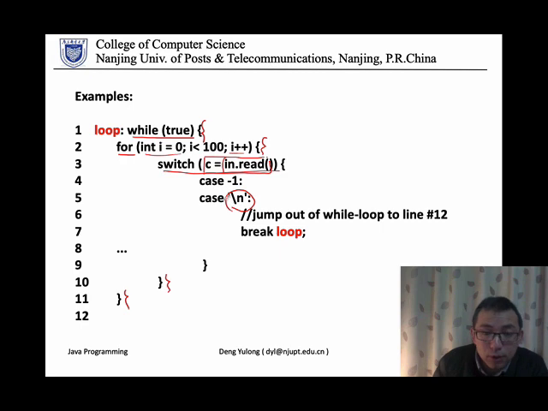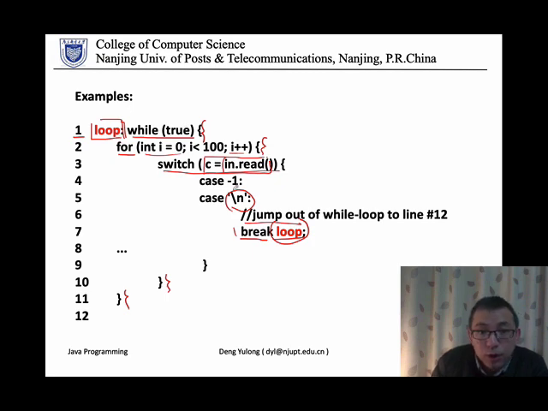So how to do it? If these 2 cases match, we have a break statement with a label, and we put the label at the first line, before the while statement.